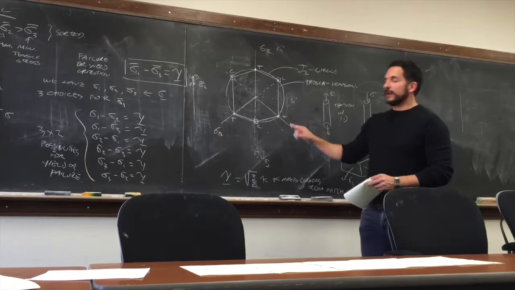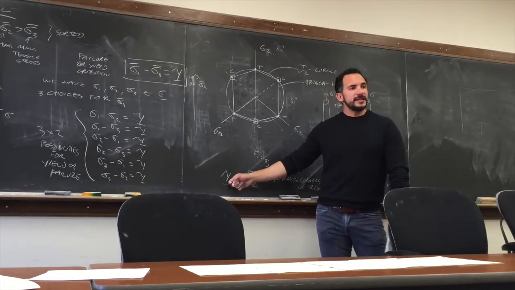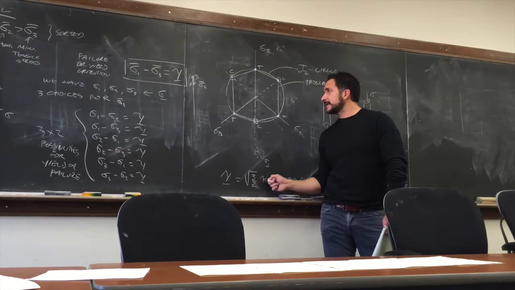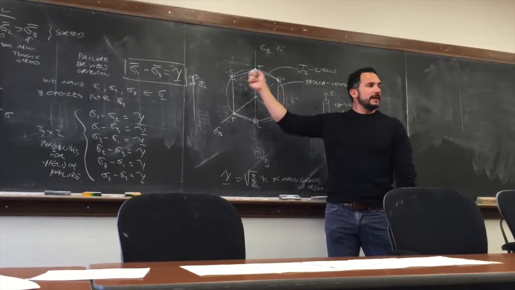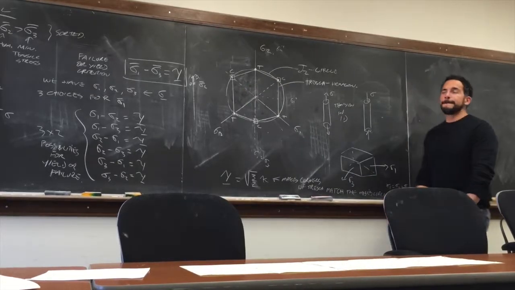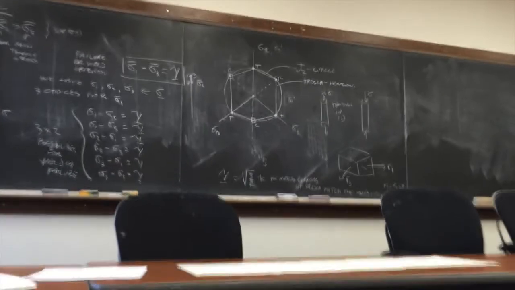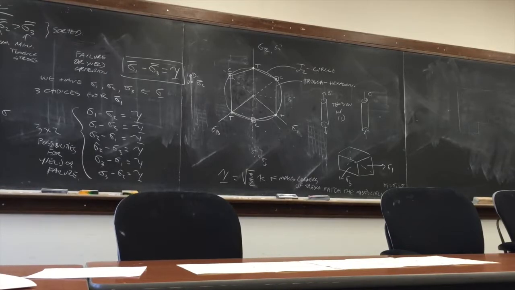Just like this. So when you set Y equal to the square root of 2/3 kappa, you get what I just pictured here. You get the circle of Mises to inscribe, or is it inscribe or circumscribe the Tresca model? I always confuse the two.